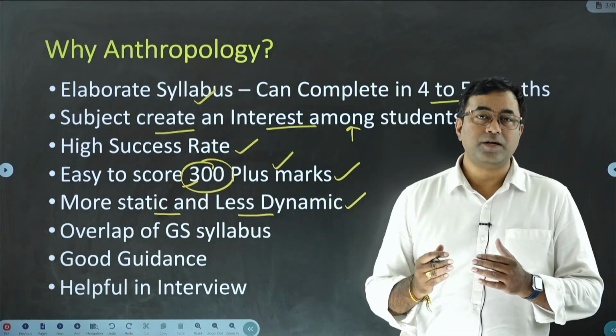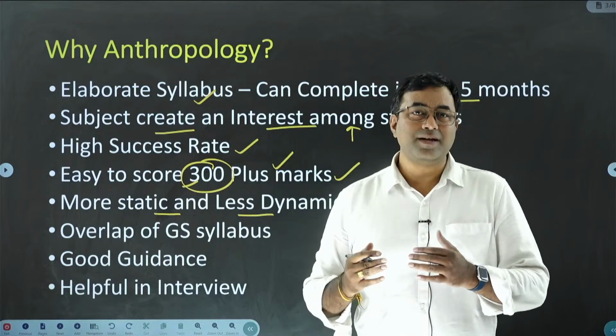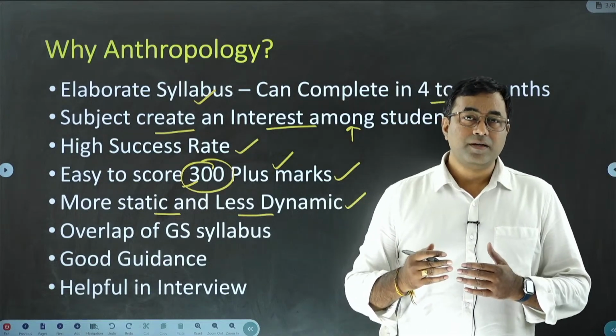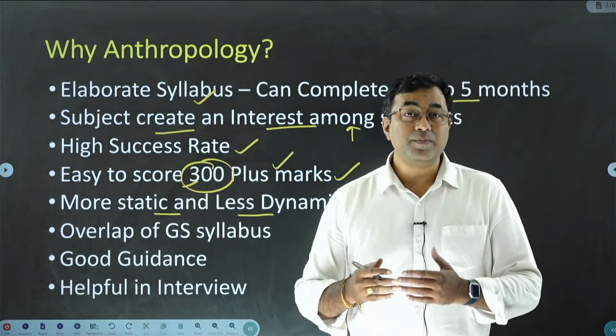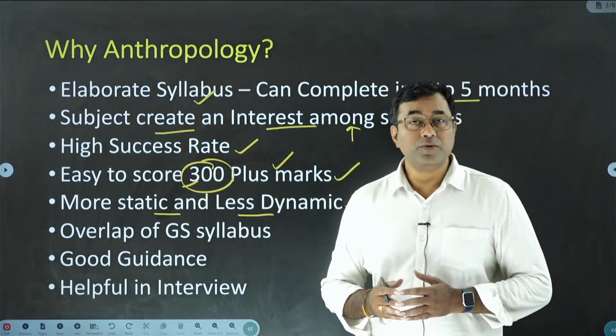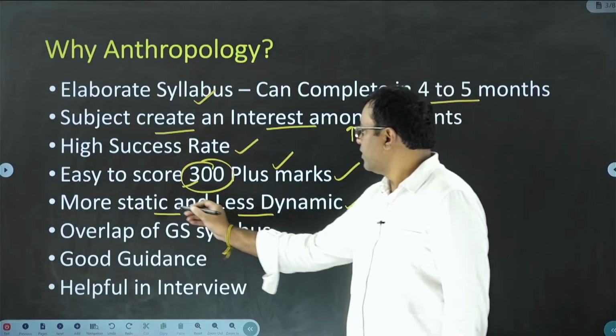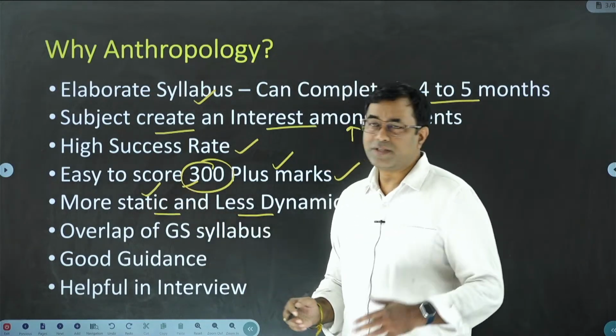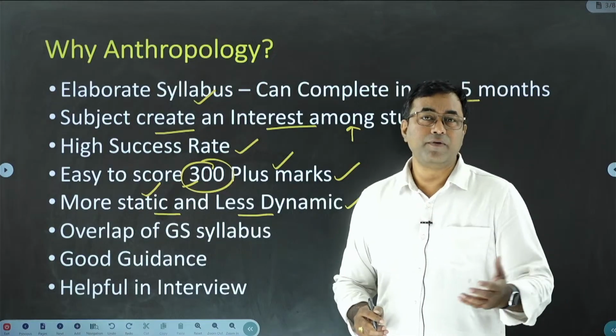Because of this, students can comfortably understand and learn the subject. In the coming attempts, it will be very easy for them to revise, reproduce and get a good score. So if an optional is more static in nature, it is definitely helpful for the students.